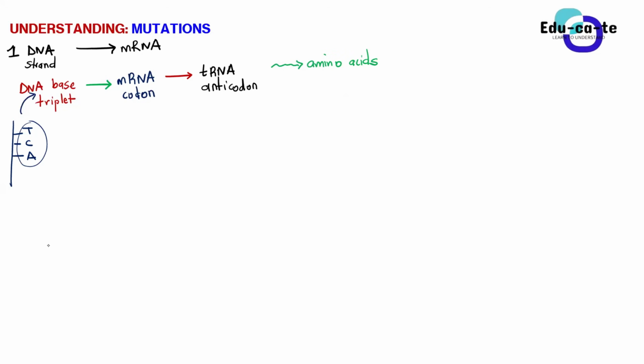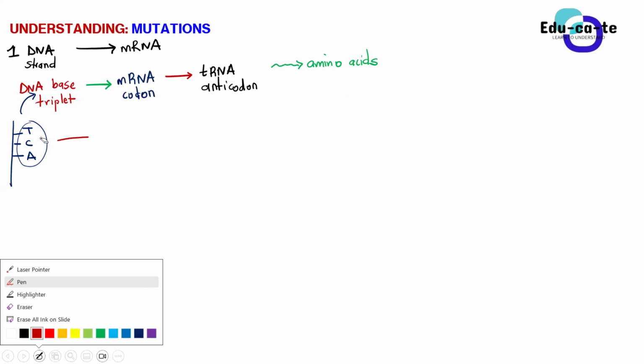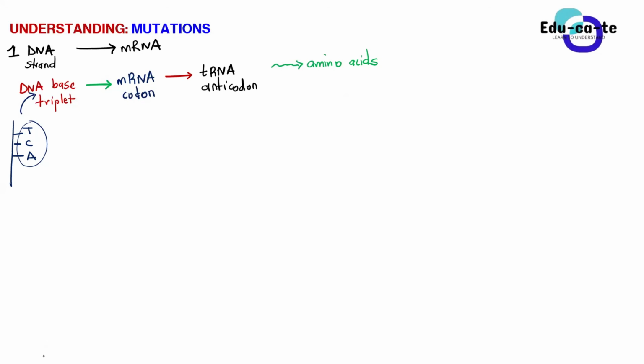Then now, what will be the codon corresponding to this TCA? If you want to get the mRNA codon from this TCA, if you match the bases to form mRNA, what do you get? AGU.